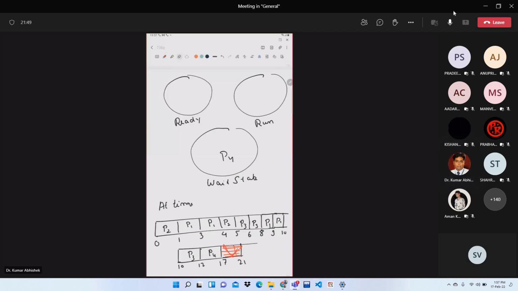Now at time 21, what happens? You can see, P4 is again in the ready queue. And at time 21, P4 again from the ready queue: the short term scheduler has no other job, so it will start executing P4.